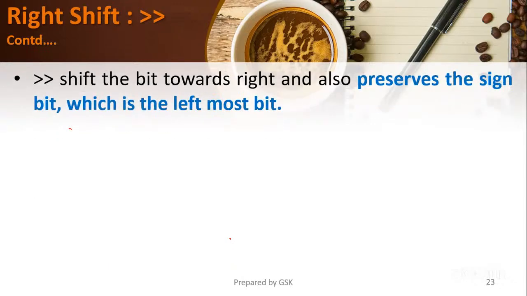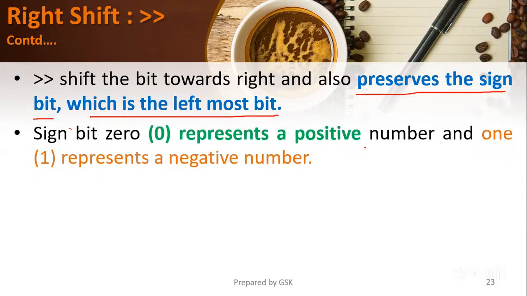Now, the right shift operator shifts the bits towards the right hand side, as we covered. This is an important point. Of course, I covered it already, even though let me repeat. It also preserves the sign bit. Sign bit means the leftmost bit. Whenever you convert a decimal value into the binary number system, the leftmost bit is used to represent the sign of that number, whether it is a positive number or a negative number.